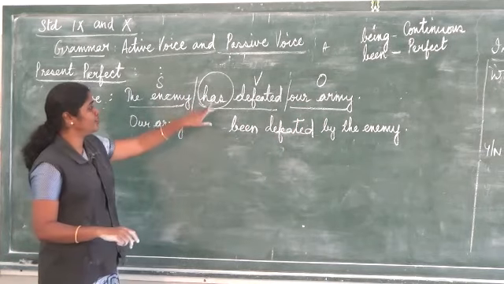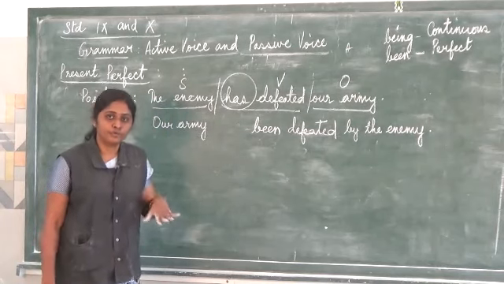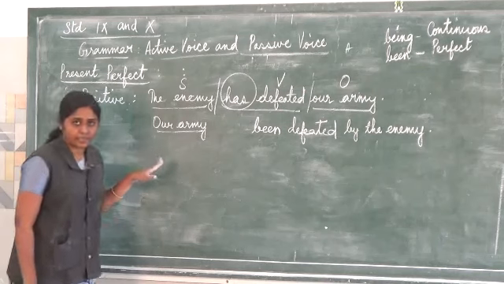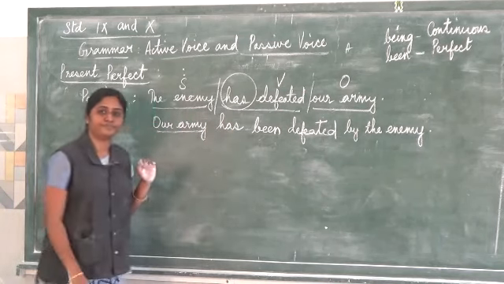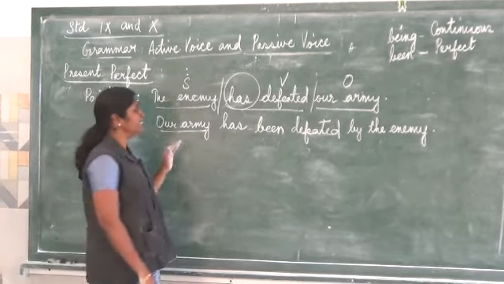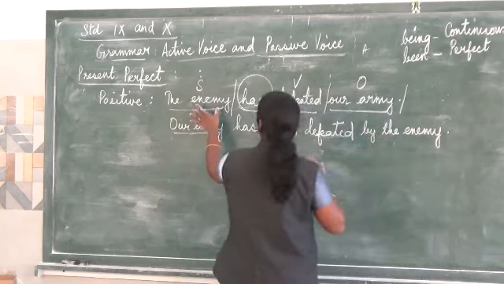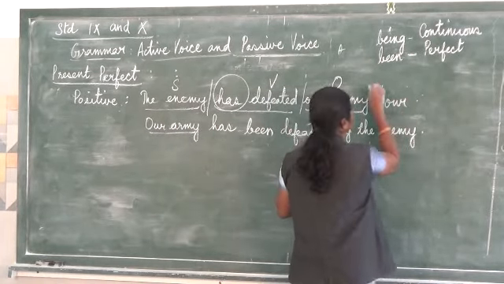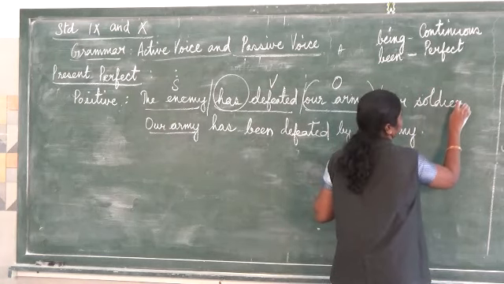Now has you have to use for singular, have you have to use for plural. But here the subject is singular. So again the same thing you have to use. Is it clear? Instead of this army, in case you had the enemy has defeated our soldiers. Now instead of this army you have soldiers.